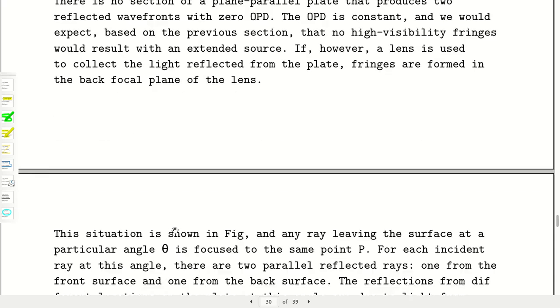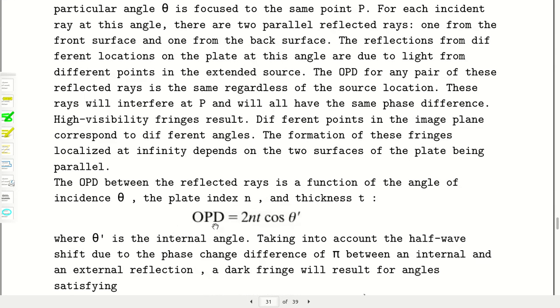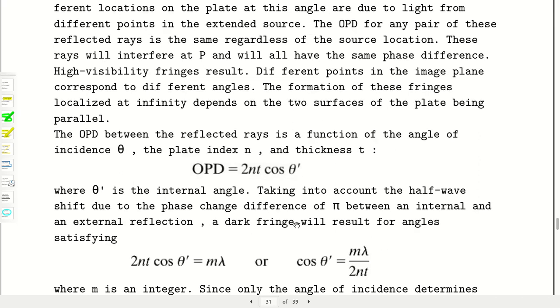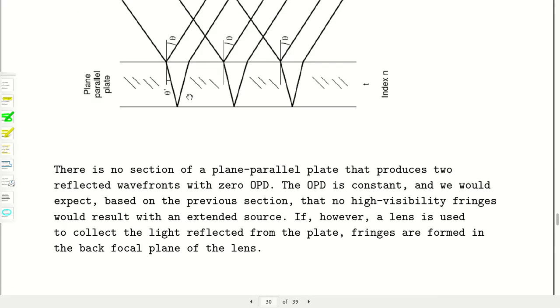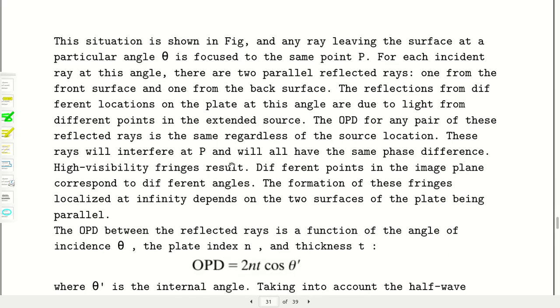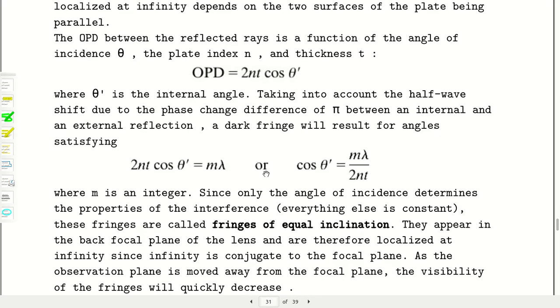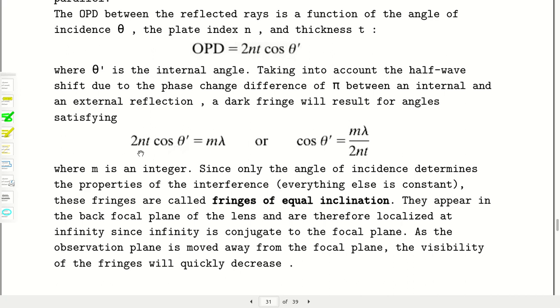So the condition for the optical path difference is 2 n t cos theta prime. Why n? n is the refractive index. Theta prime is the internal angle, and by the same technique you can find the optical path difference, which I have talked about earlier. 2 n t cos theta prime is equal to m lambda if dark fringes appear.